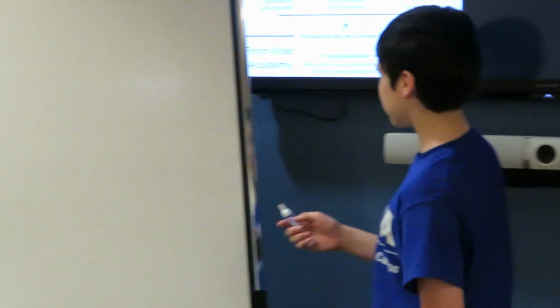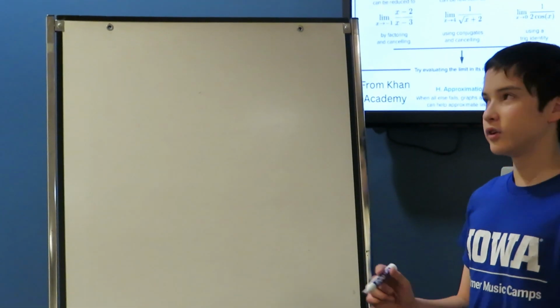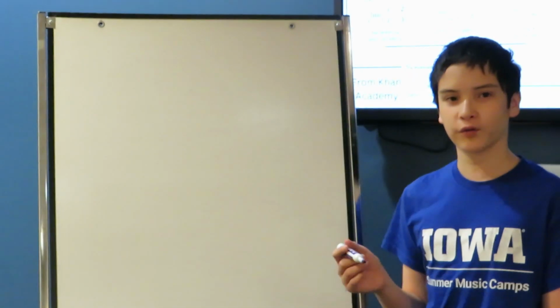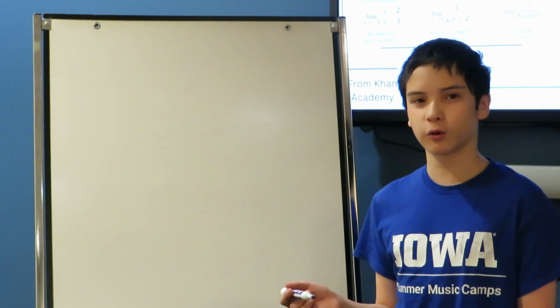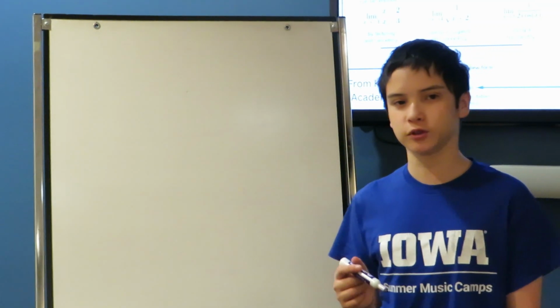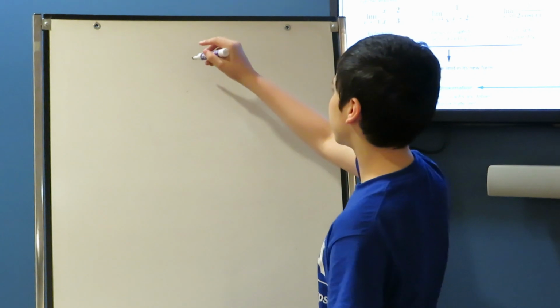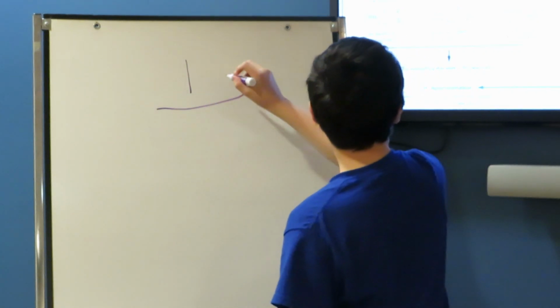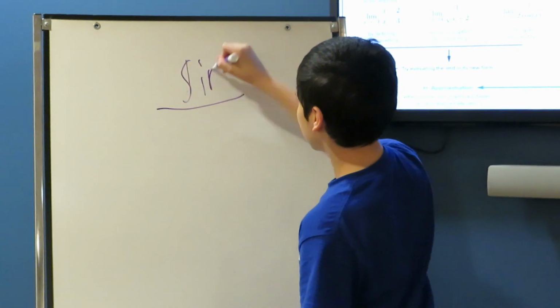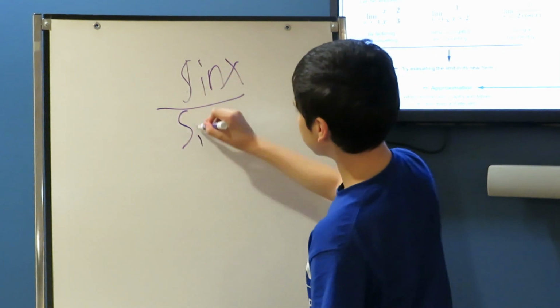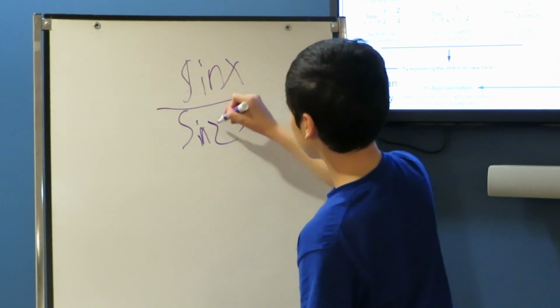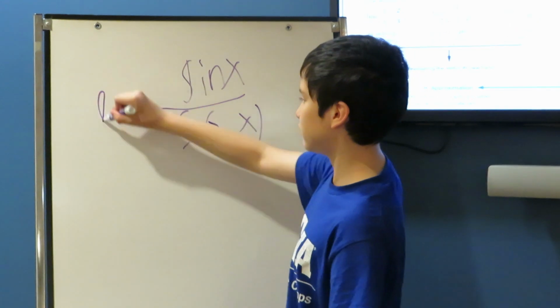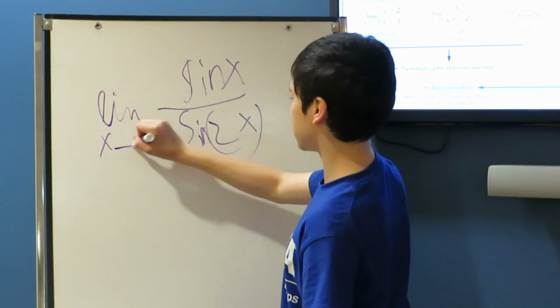Our last method is called trig identities. Trig identities is usually used when you have a limit involving trigonometric expressions that gives you a 0 over 0 answer when directly substituting. So, for instance, take sine of x over sine of 2x as x approaches 0.